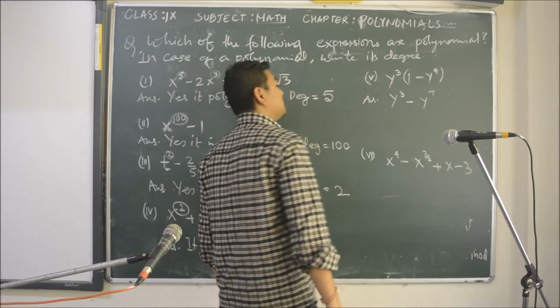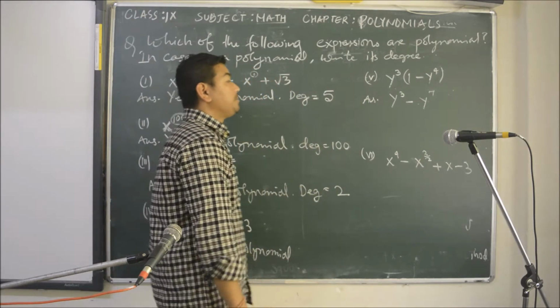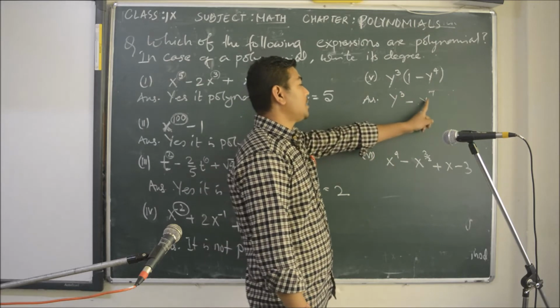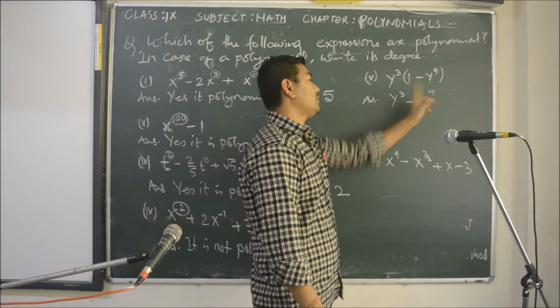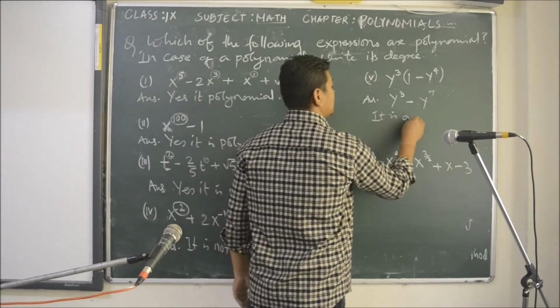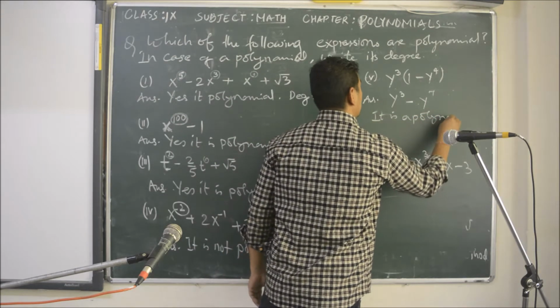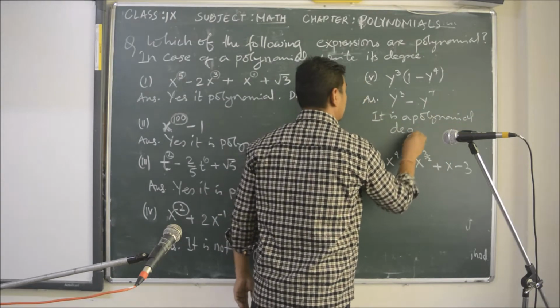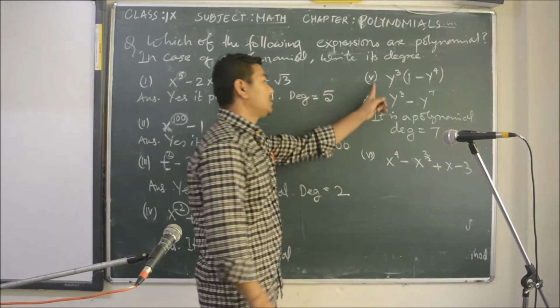Now it looks simple. Here the power of y is 3 and here the power of y is 7, and 3 and 7 are both positive integers, so it is a polynomial. And the degree: among 3 and 7, which is the highest? 7. So 7 is the degree of this polynomial.